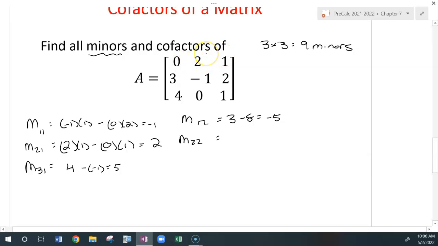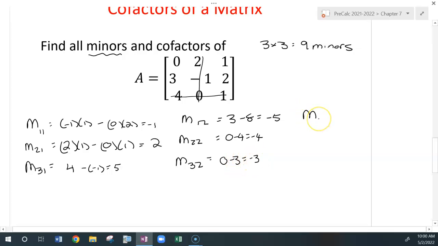Block out second row, second column, 0 minus 4. M3, 2. Row 3, second column, it's going to be a 0 minus 3 equals negative 3.